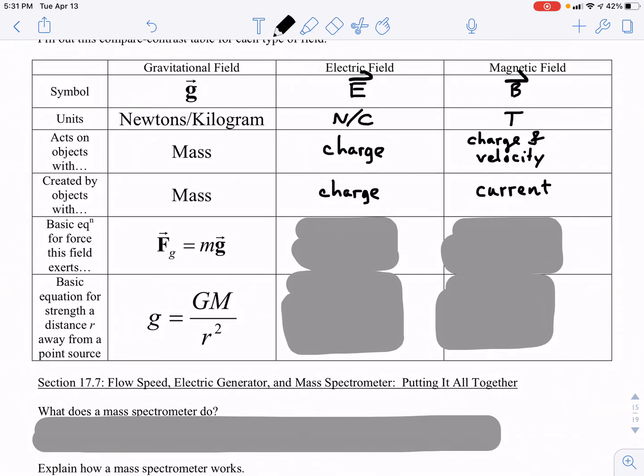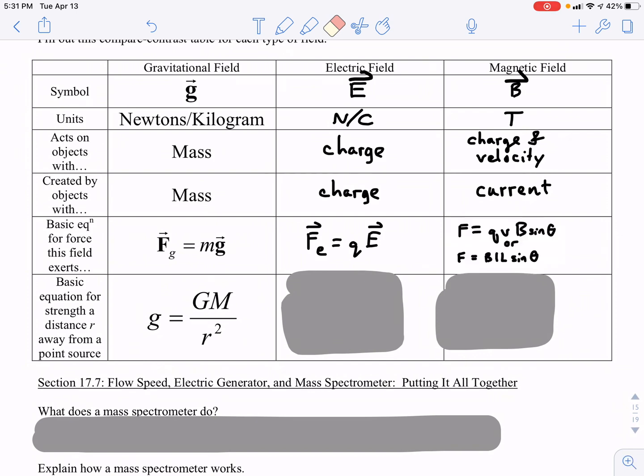The basic equation that relates force and gravitational field is F sub g equals m times g. This is analogous to F sub E, electric force, is equal to q times E, which is also analogous to the magnetic field one, which is F equals qvB. And yes, there's a sine theta if the angle is less than 90, or F equals BIL if we're talking about a current-carrying wire.